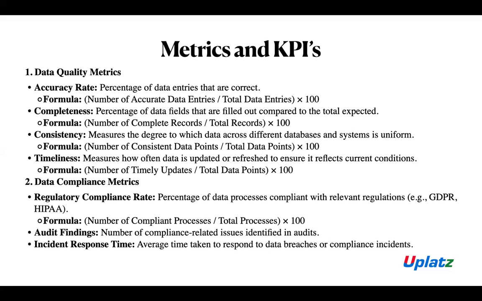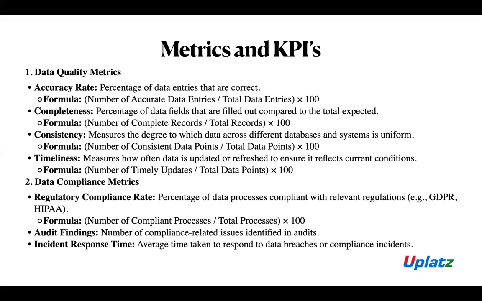Suppose we want to find out the accuracy rate, and the number of accurate data entries is 20 out of 100. So 20 divided by 100, multiplied by 100, will give 20. So 20% will be the accuracy rate. Similarly, we can find out the completeness, consistency, and timeliness.